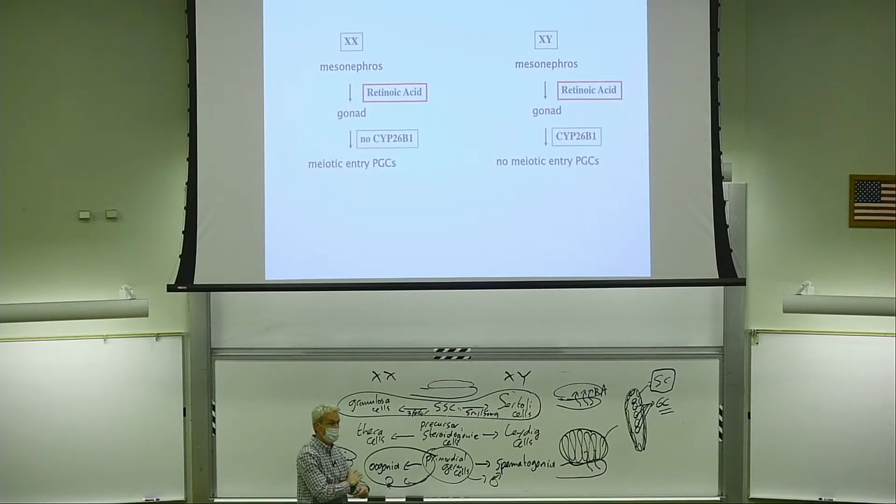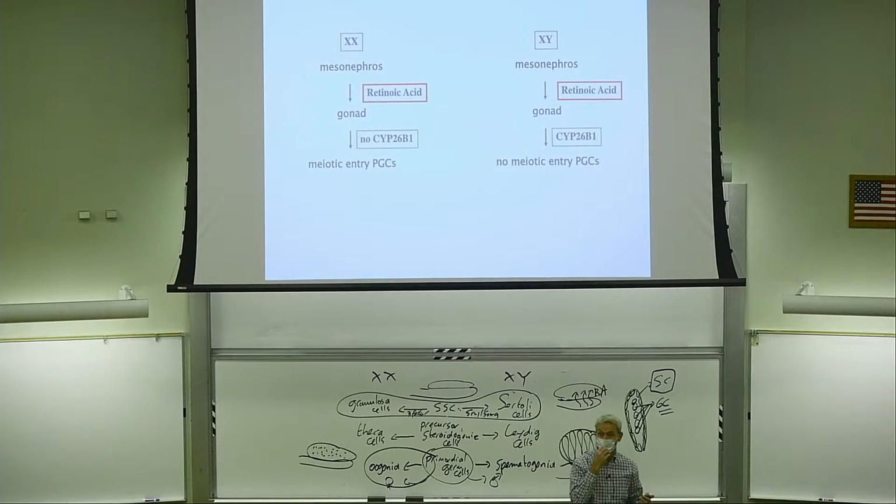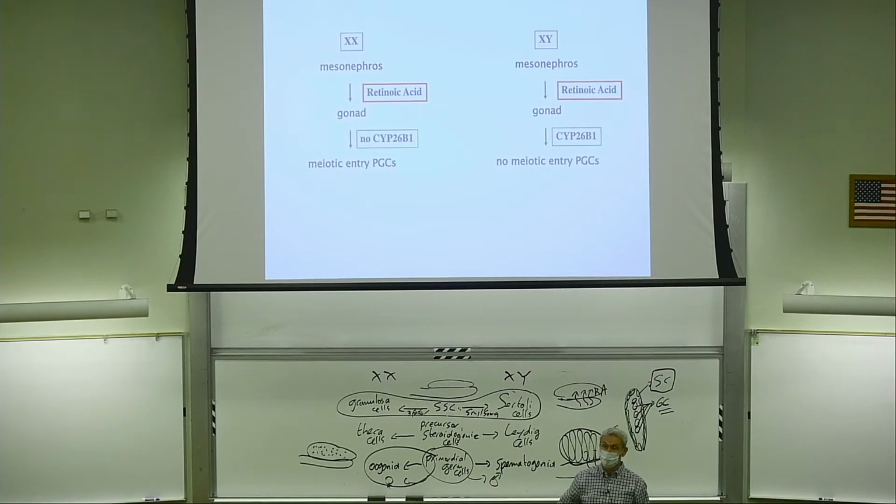Now, let's say this is really a crazy mutation, and now we're an XX baby with an ovary, but a crazy mutation that causes CYP26B1 to be turned on in all the cells. What happens to the germ cells? Doesn't enter meiosis, because the CYP26B1 gets rid of retinoic acid, it cannot enter meiosis. Make sense? Perfect.